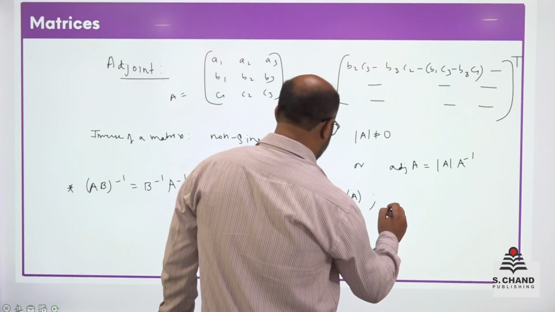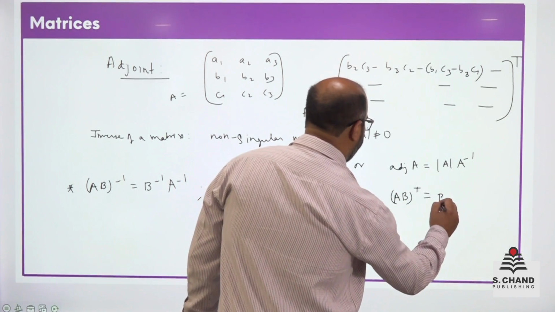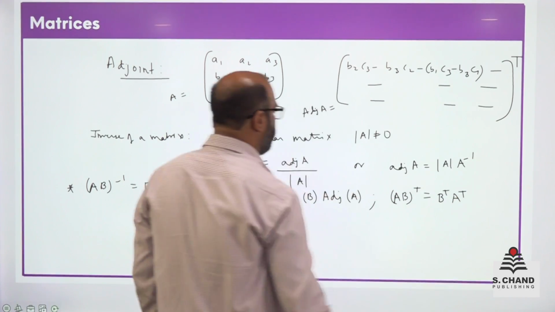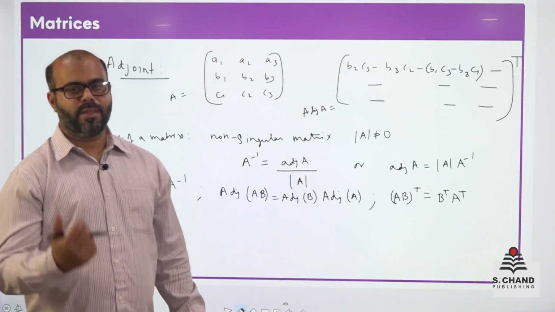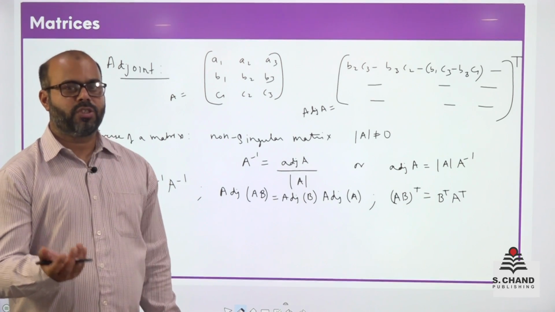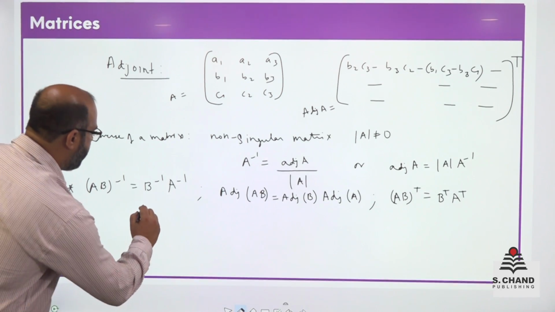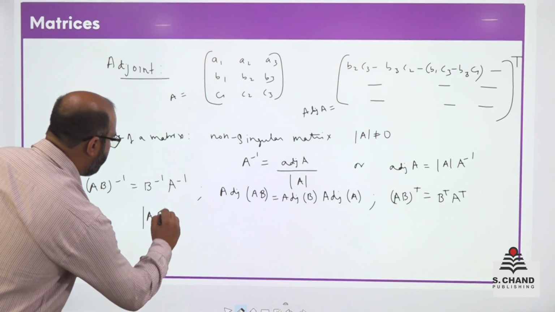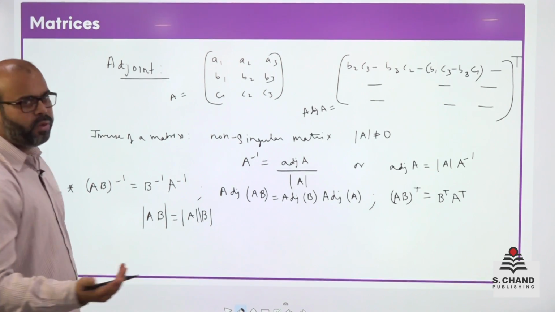Similarly, transpose of AB is equal to B transpose A transpose. So in all these cases of transpose, adjoint or inverse, if you are multiplying the matrices and you take this operation, then if you take the operation individually, the order will reverse. And in case of determinant, there is no such concept. Determinant of AB is determinant of A into determinant of B or determinant of B into determinant of A. It is the same.